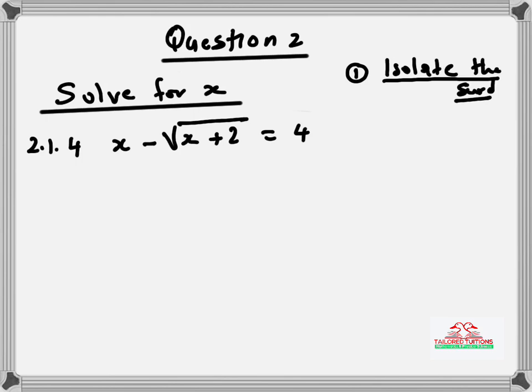It can be on the right hand side or left hand side. How? This is a surd that I'm talking about. Now I want to isolate it. I want it to be on the left hand side being the subject of the formula, or on the right hand side.